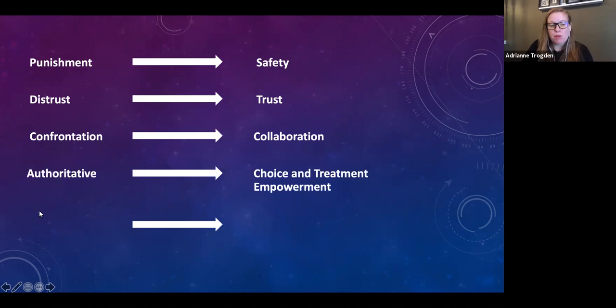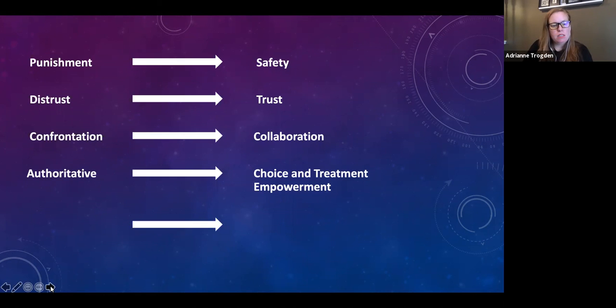Moving away from the authoritative approach, and this is the counselor being the authority, to choice and treatment empowerment. So again, providing them choices, talking to them about pros and cons of these various choices. What do they think would be the best for them? And working from a collaborative perspective to look at those choices and help them make choices that are going to be best for them as the client.